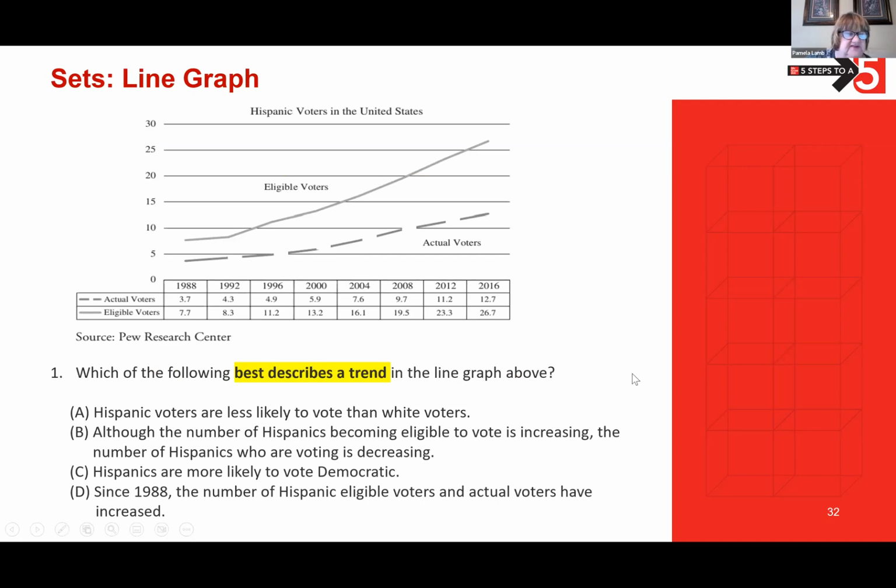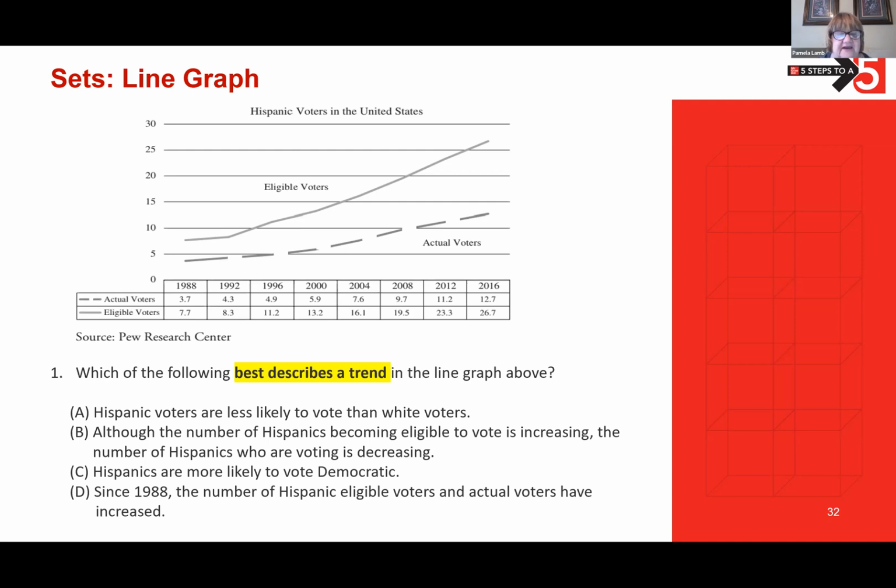Okay, you might see a line graph. This is going to be one of those set questions. You see a graph of Hispanic voters in the United States, and they're asking you which best describes a trend. Well, you need to know what a trend is. A trend is usually some kind of a pattern over time.